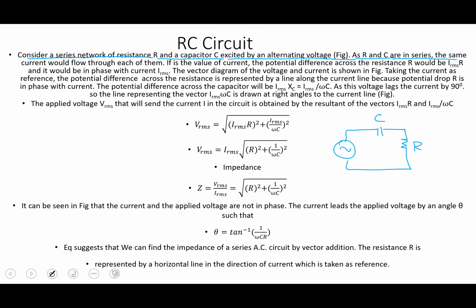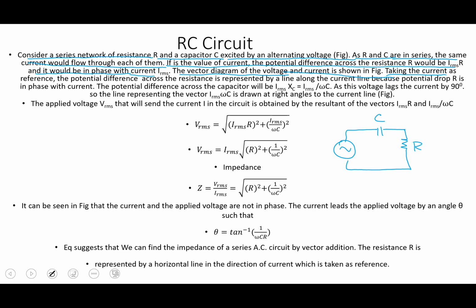In series, the same current will flow through each of them. The potential across the resistance would be Irms R, and it would be in phase with the current Irms. The vector diagram of the voltage and the current is shown in the figure.